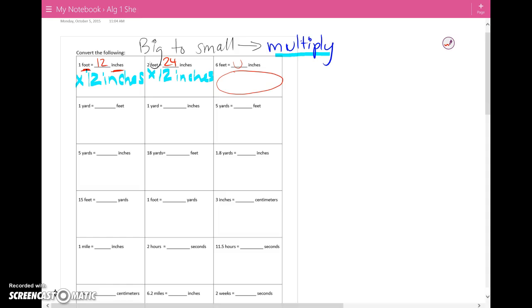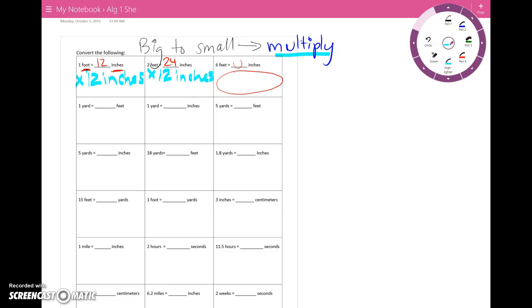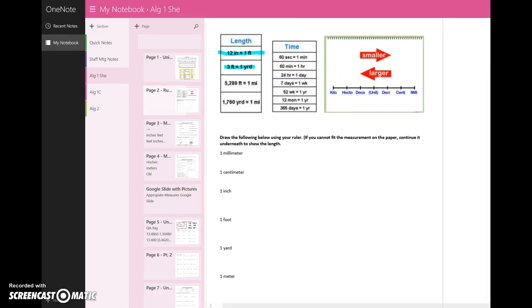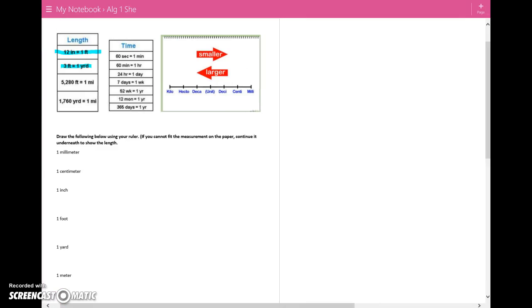Okay, so now we're back. We're going to be doing a different conversion this time, because we're going to go from yards to feet. So I don't really know how many feet are in 1 yard, so I'm going to go back to that other page. And look, there it is again, just like I showed you before. 3 feet in 1 yard.